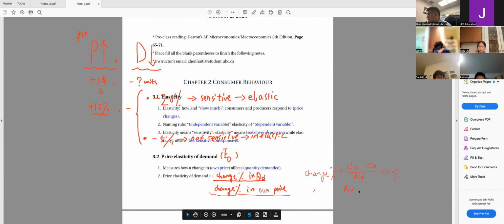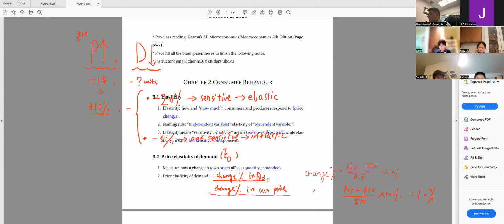So $11 minus the old number, $10, divided by the old number, $10, so 1 divided by 10, times 100%, equals 10%. This is how I get 10% here. So make sure you can calculate the percentage change. Super important. Every time you need to calculate the elasticity coefficient, you need to do the percentage change.